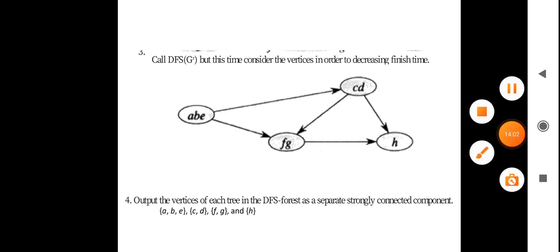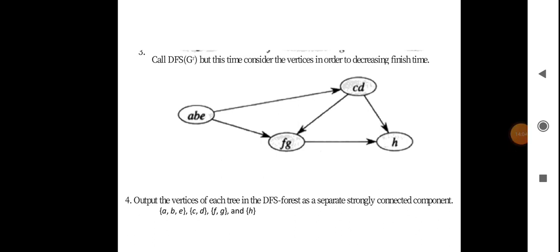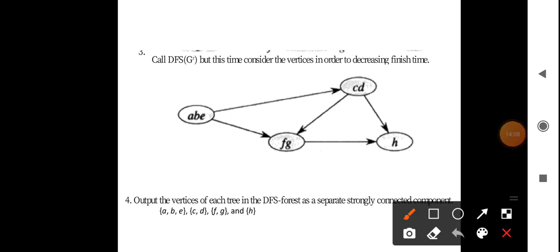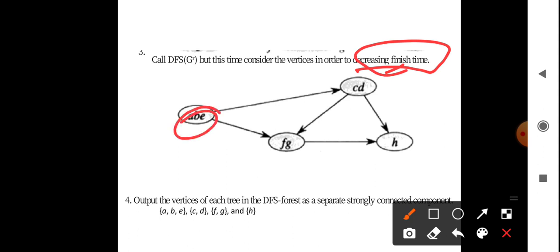That is shown here. So here we call DFS on G transpose, that is the transpose of that graph, but this time we consider the vertices in the order of decreasing finishing time. So we will get ABE as one component, CD as another component, H as a single component, and FG as another component.